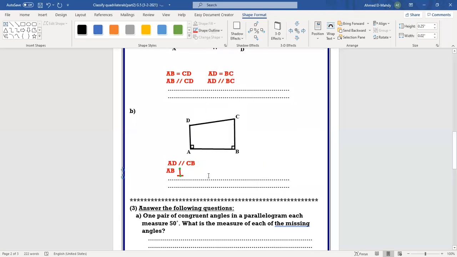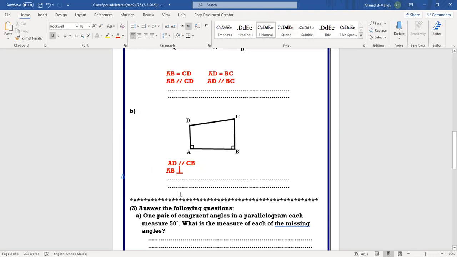AB perpendicular to CD. Which sides make a right angle with AB? We have two sides that make a right angle with AB: AD, and also CB. AB is perpendicular to BC too.